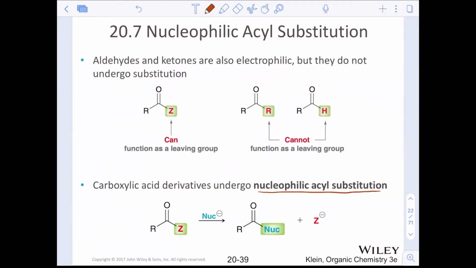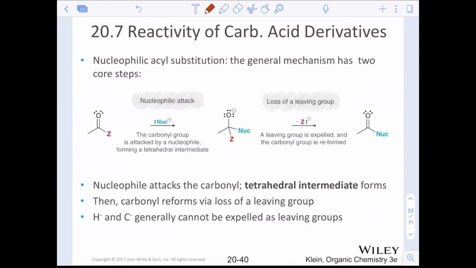Acyl is a common name for the carbonyl group. So we'll abbreviate whatever the leaving group is as Z. That could be the chlorine, it could be the oxygen of the ester, the oxygen of the anhydride, or the nitrogen of the amide. All of those can undergo a substitution reaction instead of just an addition.